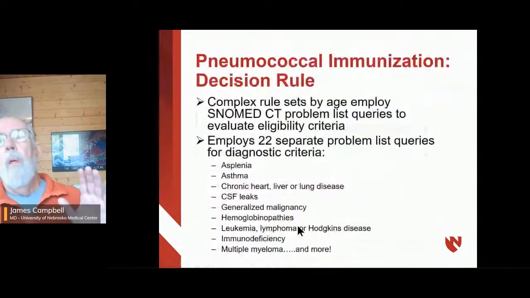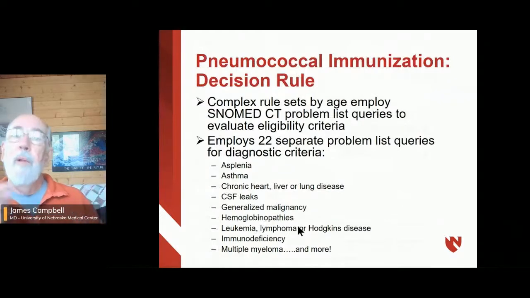Now, deployment of the pneumococcal immunization rule in EPIC was complicated. It led to a whole set of rules that were organized by age that basically employed SNOMED CT problem list queries using the eligibility criteria, the groupers that I outlined for you previously.